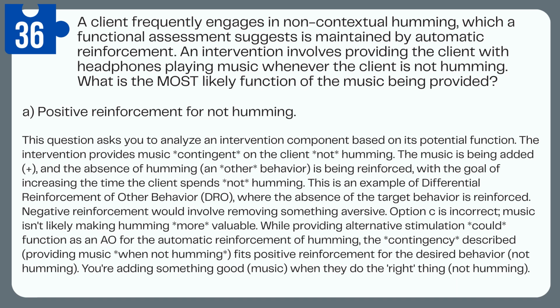Negative reinforcement would involve removing something aversive. Option C is incorrect. Music isn't likely making humming more valuable. While providing alternative stimulation could function as an AO for the automatic reinforcement of humming, the contingency described, providing music when not humming, fits positive reinforcement for the desired behavior, not humming. You're adding something good, music, when they do the right thing, not humming.